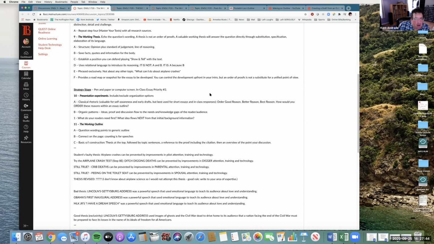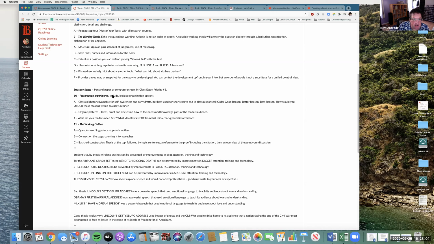So what follows then is the outline stage or the strategy stage. You've now got to start thinking about where you're going to put specific pieces of information in relation to topic sentences. So what we're going to produce is a working outline. We try experiments in our presentation.